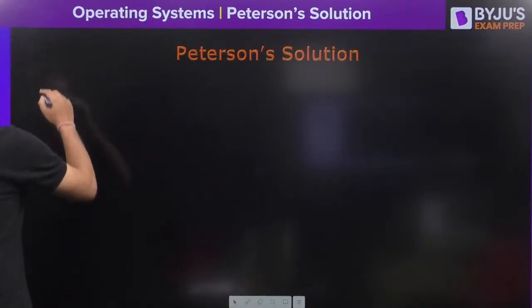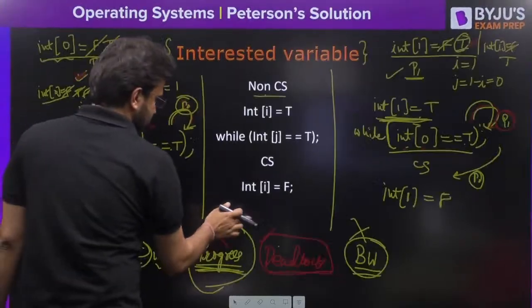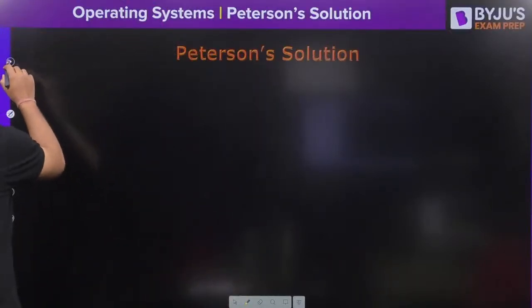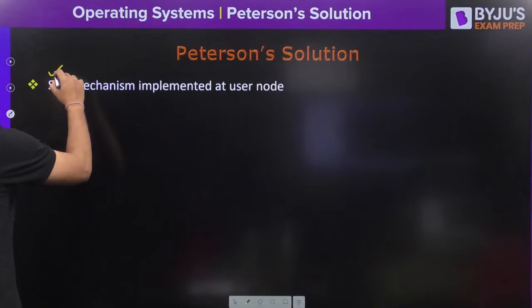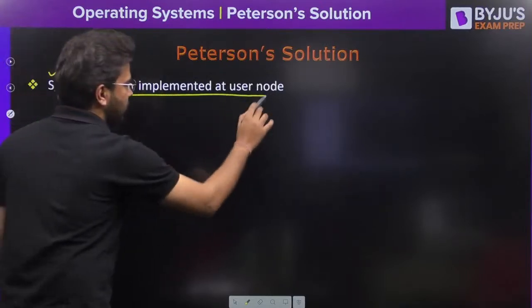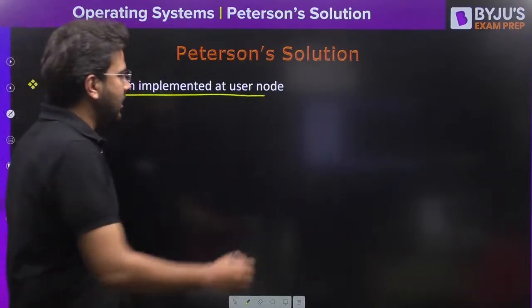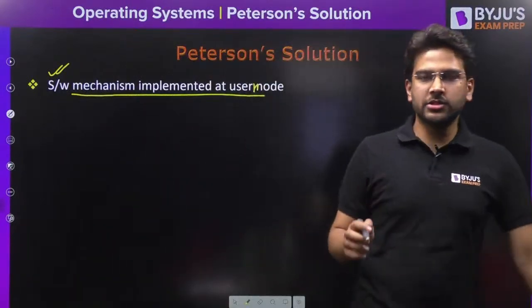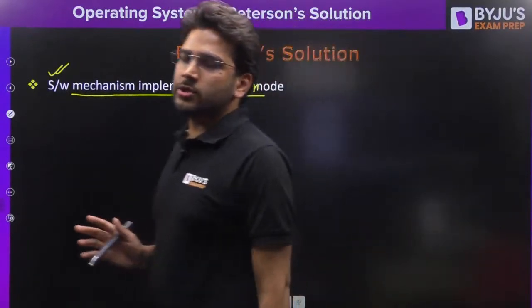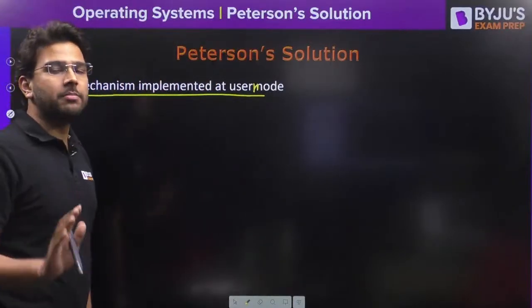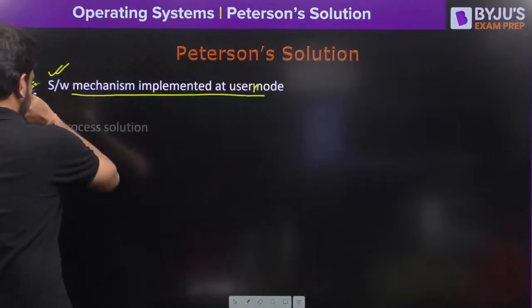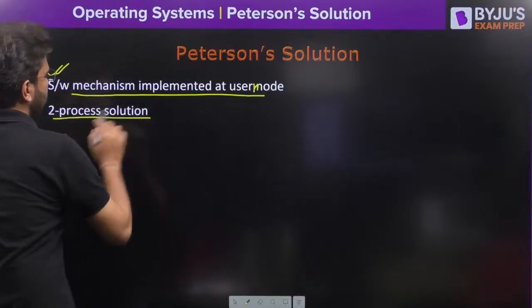It is also a software mechanism implemented at user mode. Like we have seen turn variable and interested variable, similarly Peterson solution is also a software mechanism. That means it is architecture neutral. Then it is also a two process solution.